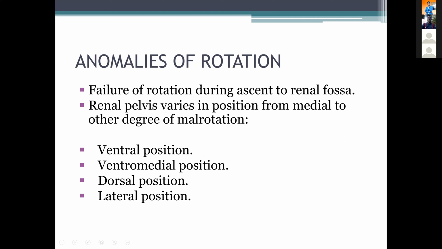So there are anomalies of rotation, and these arise from failure of rotation during ascent to the renal fossa. The renal pelvis varies in position from medial to some degree of malrotation. And so you can have the ventral position, the ventromedial position, the dorsal position, and the lateral position.